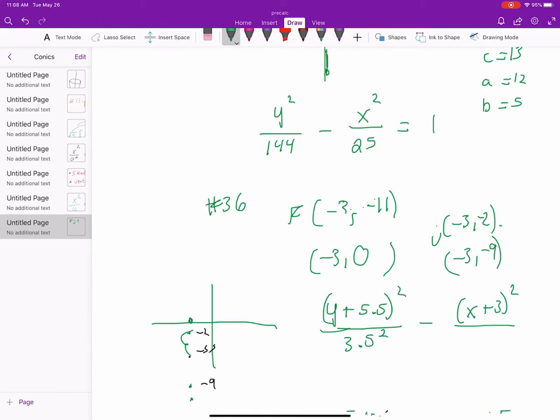But we know the focus points are going to be 5.5 away from that center. So 5.5 squared is equal to a squared plus b squared. So I got 3.5 here.